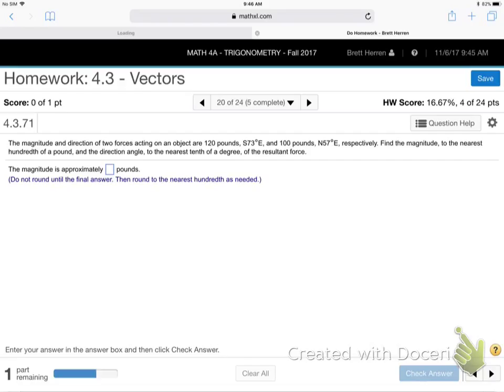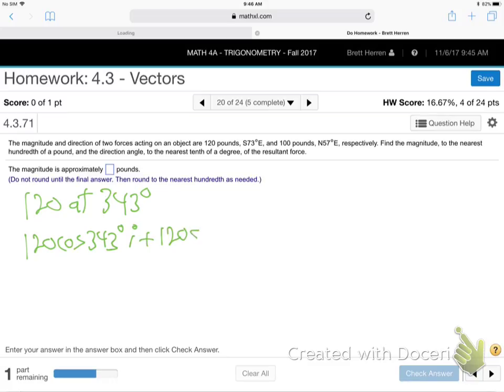So let me get a fresh screen here. So the first one, the 120 pounds, is at 343 degrees. So that's 120 cosine 343 I plus 120 sine 343 J. That formula we just learned, right?